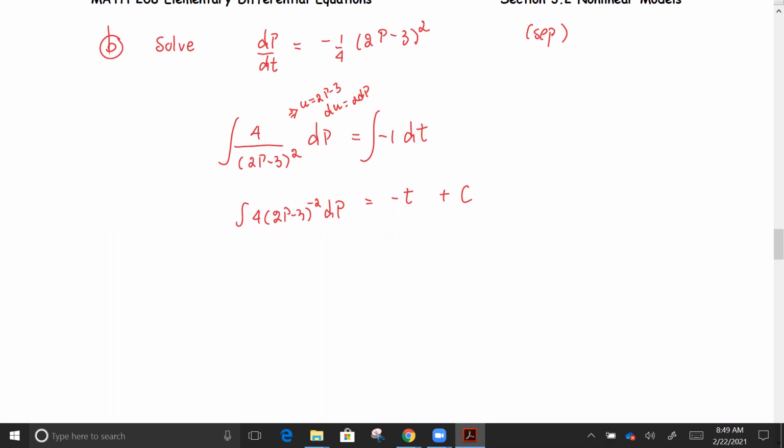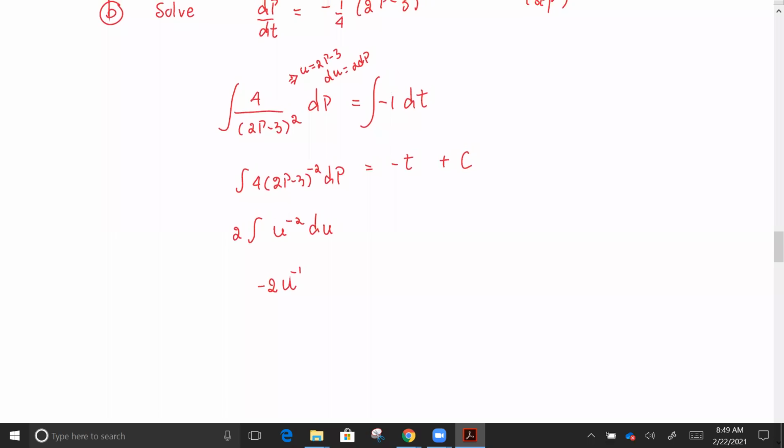Or dP is 1/2 of the du, merged with the 4 to be 2, integral of u to the negative 2 du. And this antiderivative will give you negative 1 divided by negative 1, which is negative 2 here.